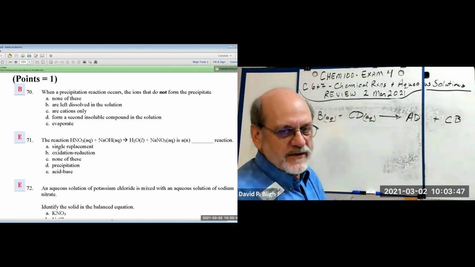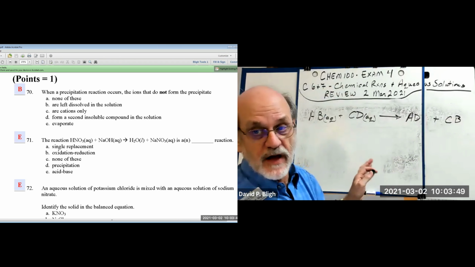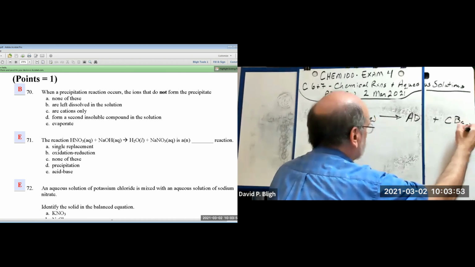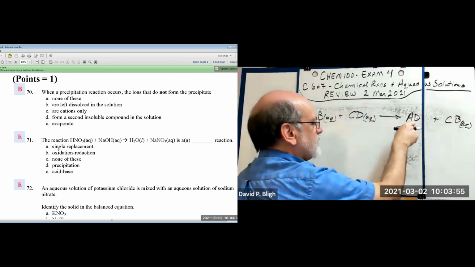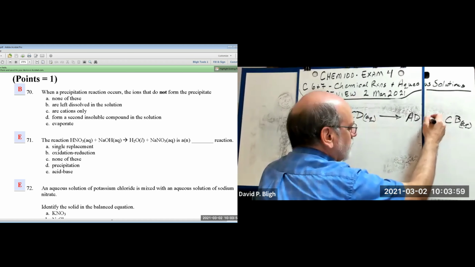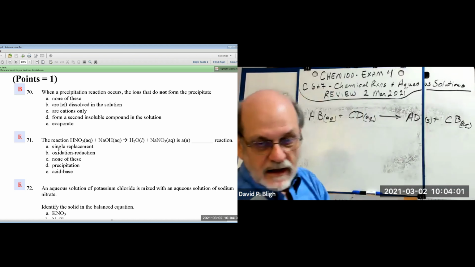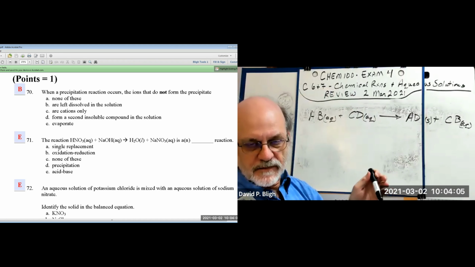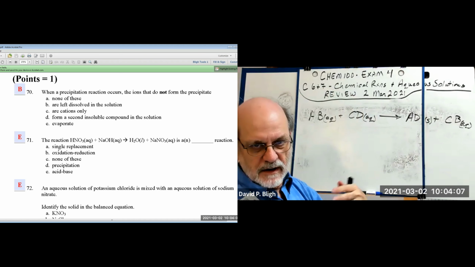And typically what happens is one of the compounds is still soluble. Let's just arbitrarily say this one is still soluble. But this combination of A and D is insoluble. That forms the precipitate in solution, and it makes the solution murky.